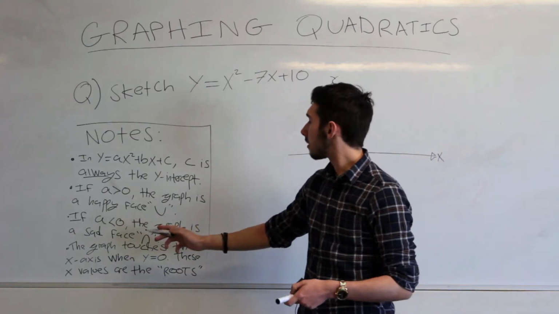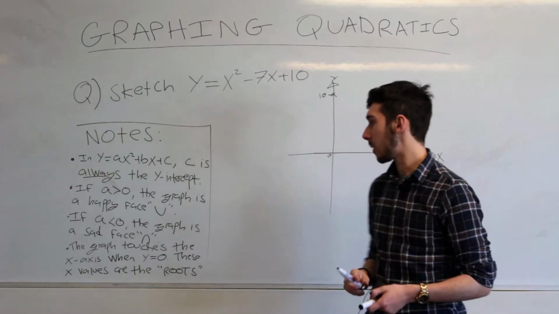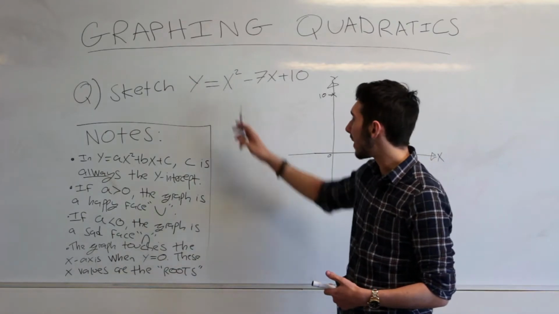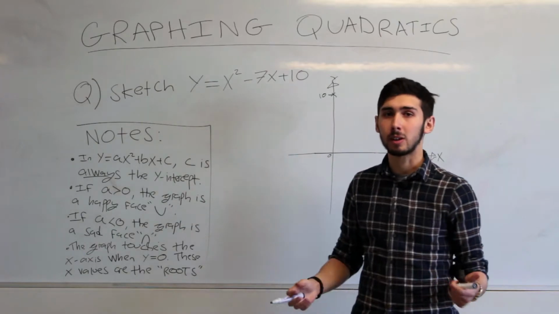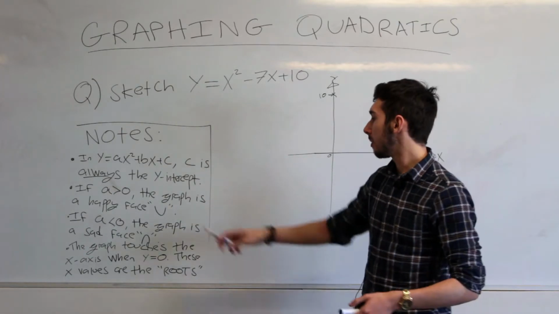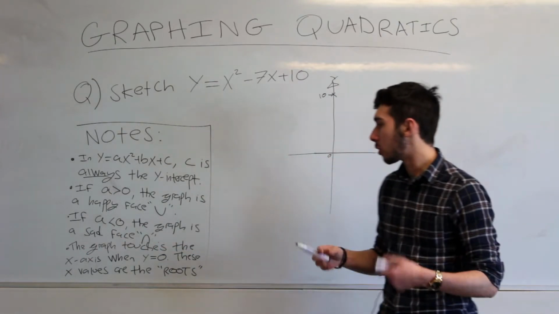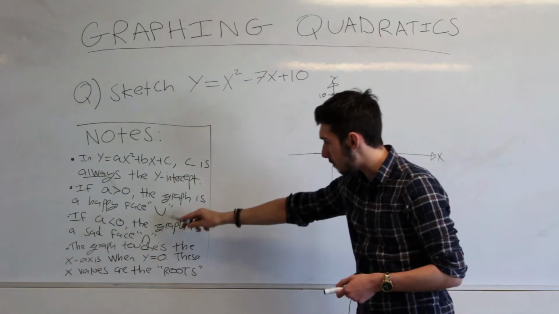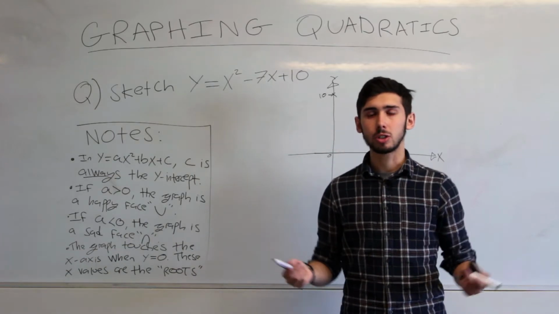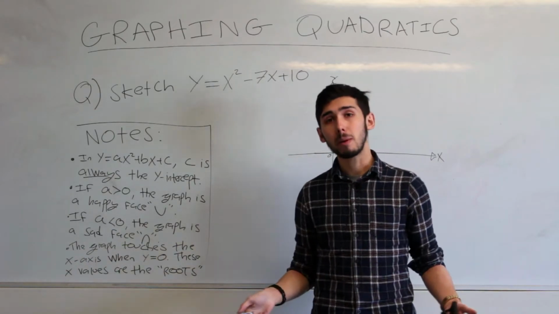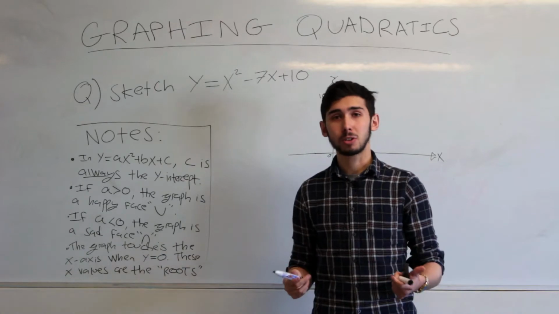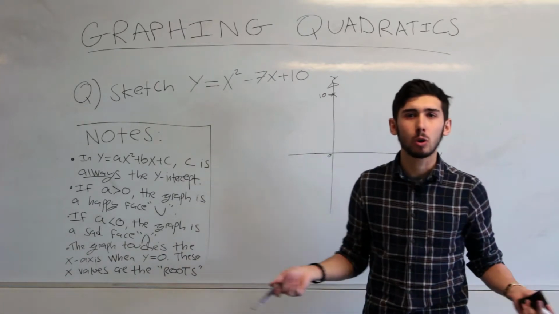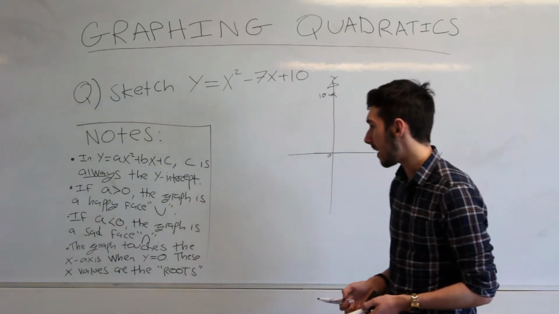If a, again a is the term in front of the x squared, if a is less than 0, so let's say a was minus 1, so maybe we have minus x squared or something like that, or minus 2x squared. If a is less than 0, the graph is going to make a sad face that goes like that. Got some pictures here, but yeah, you get the gist of it. It's going to make a sad face. The way that I remember that is literally just, if it's positive, it's happy. If it's negative, it's sad, right? It's like not too difficult to remember that, I guess.